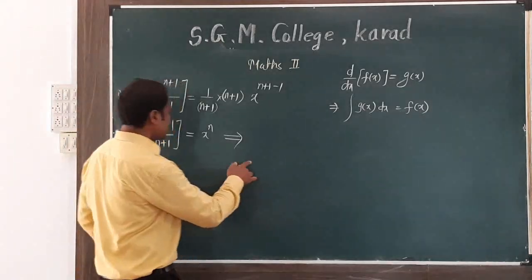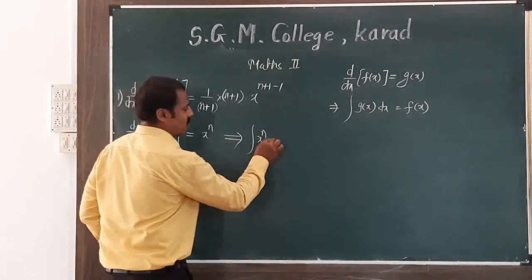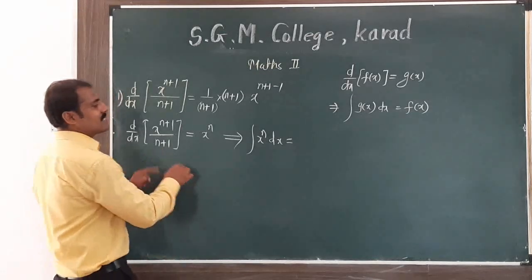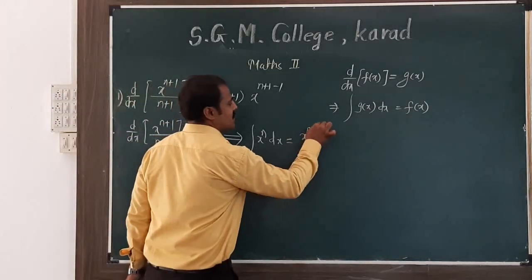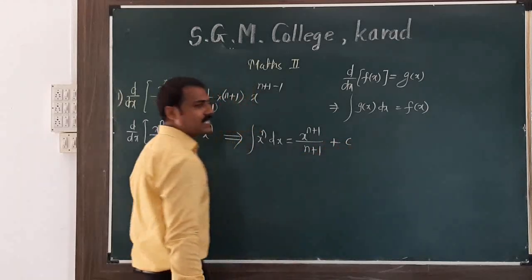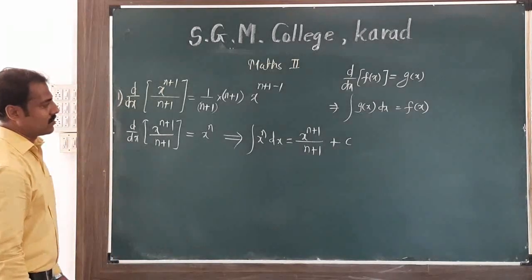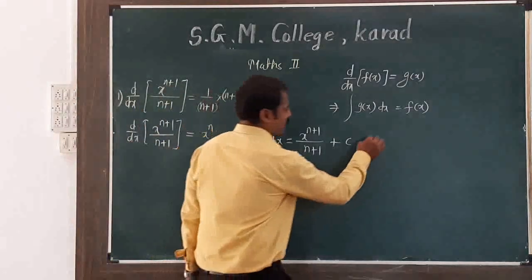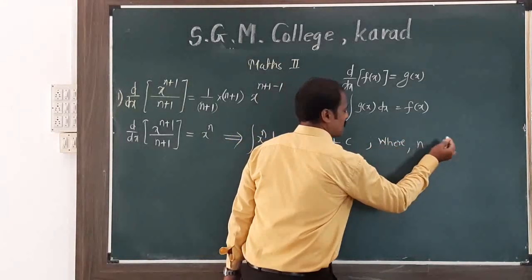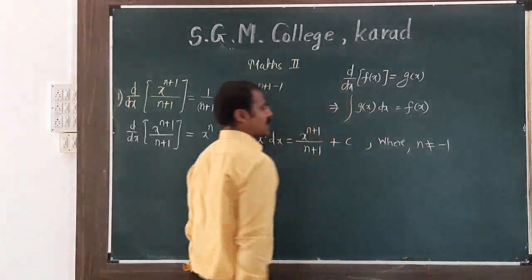So this implies integration of x raised to n with respect to x is equal to, yes, the answer is x raised to n plus 1 divided by n plus 1 plus constant of integration c, because the formula is for indefinite integration. One point to remember, where n plus 1 is not equal to 0, that is, n is not equal to minus 1.